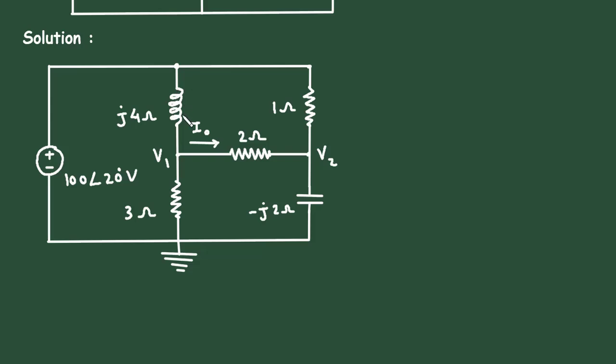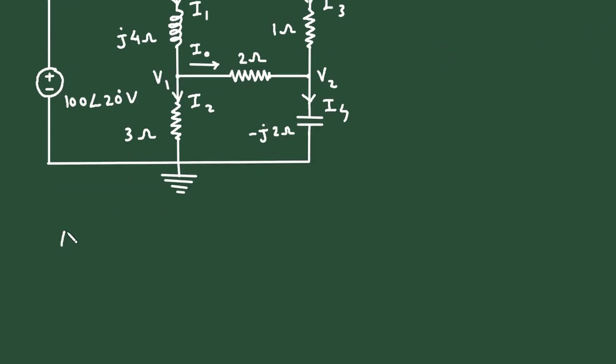So let's assume this current is current I1, this current is current I2, this current is I3 and this current is I4. So now we will apply KCL at node V1.